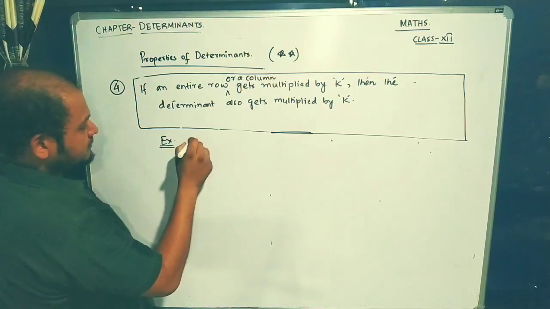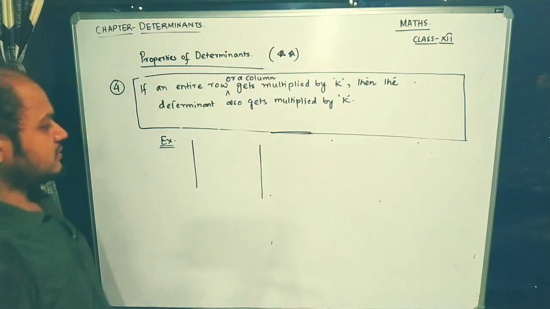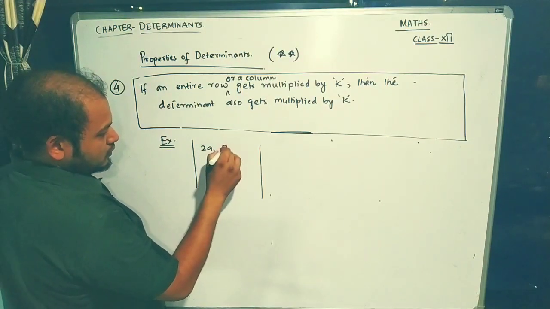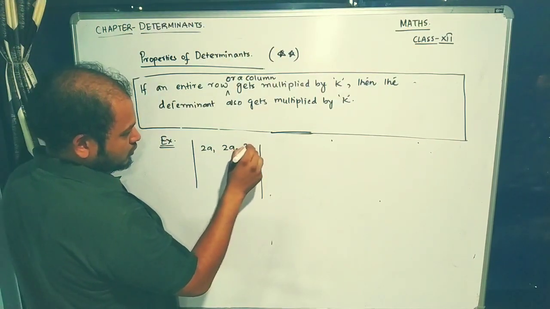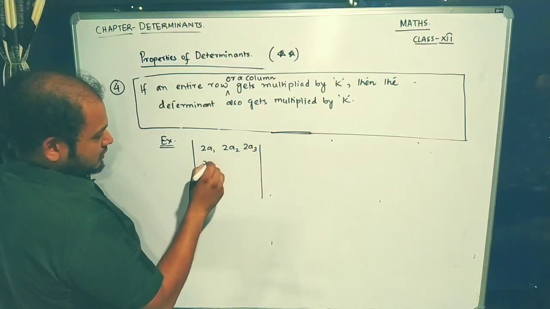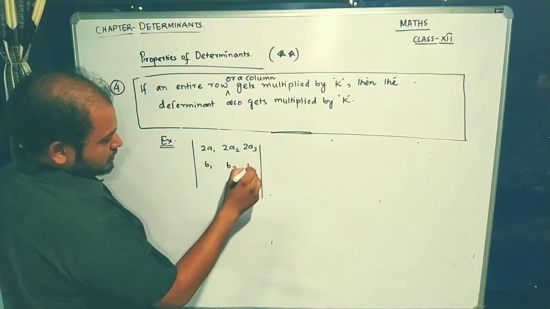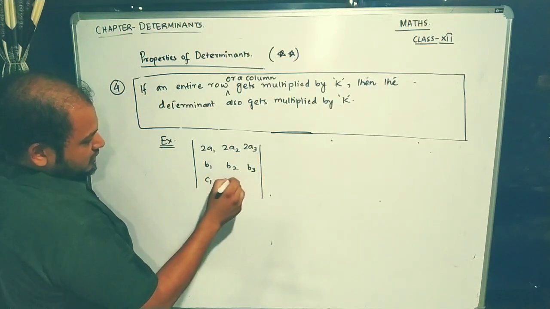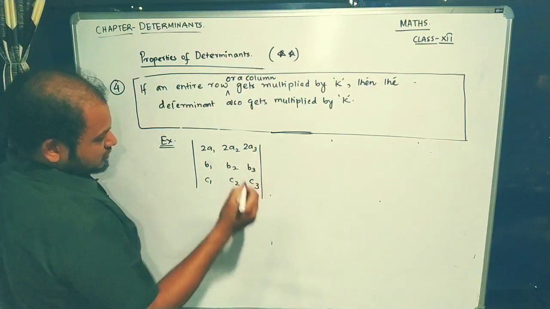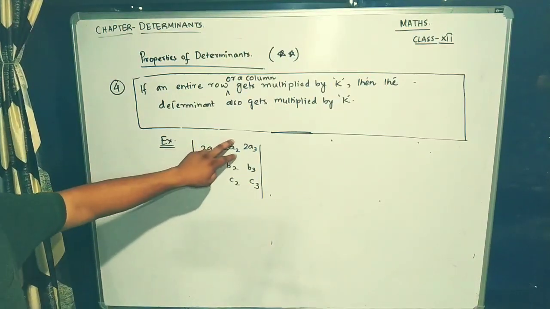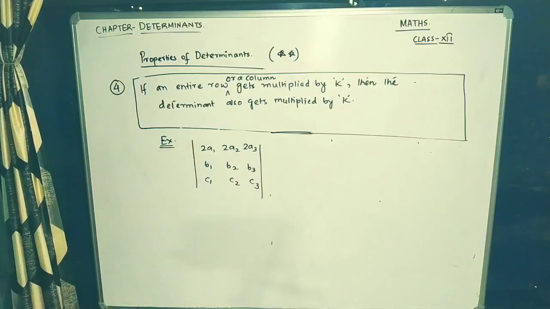Let us say we have a determinant like this. Let us say this is 2a1, 2a2, 2a3. It is b1, b2, b3, c1, c2, c3. So can you see that one of its rows, that is the first row, is getting multiplied by 2?